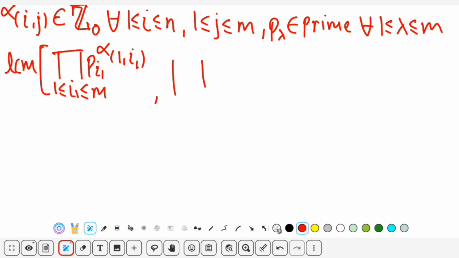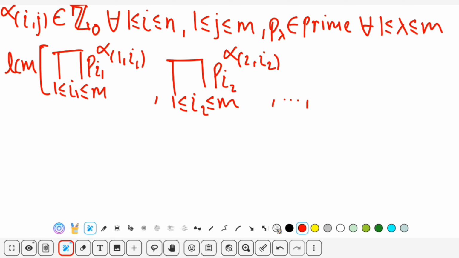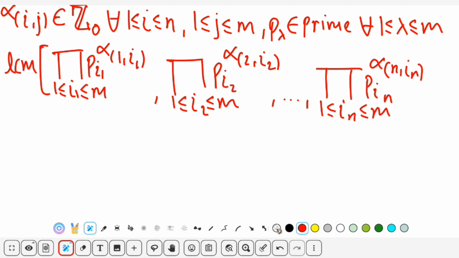For x2, product over 1 less than or equal to i2 less than or equal to m of p_{i2} to the power alpha 2 comma i2, dot, the product over 1 less than or equal to in less than or equal to m of p_{in} raised to the power alpha n comma in.